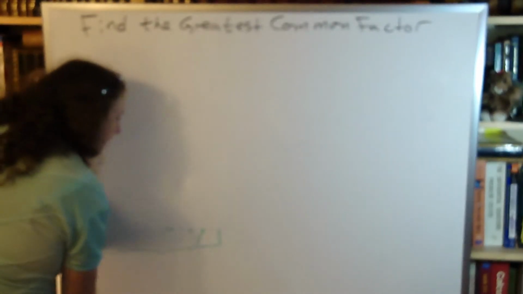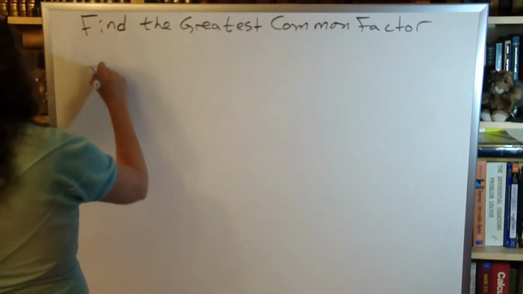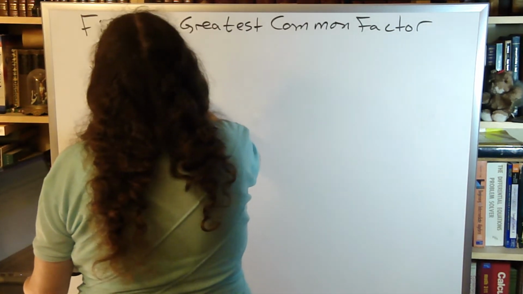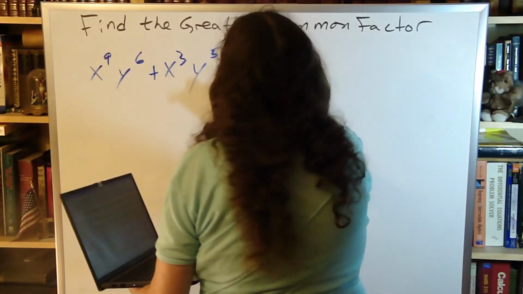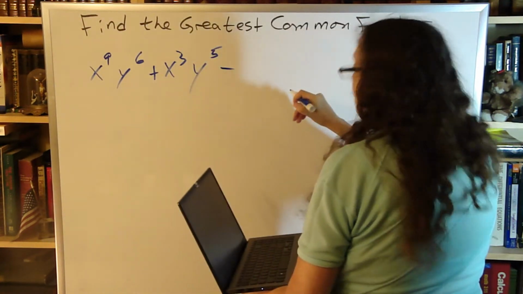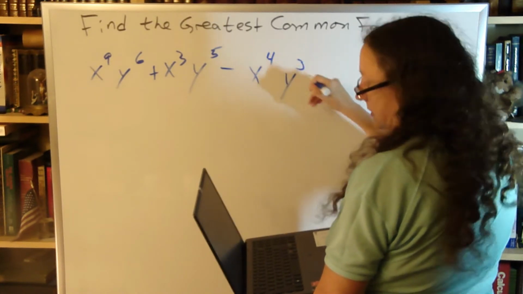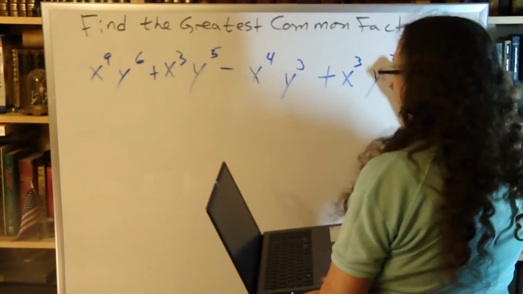Let's do 2 more of these, and we'll move forward. We have x to the 9, y to the 6, plus x to the 3, y to the 5, minus x to the 4, y to the 3, plus x to the 3, y to the 3.